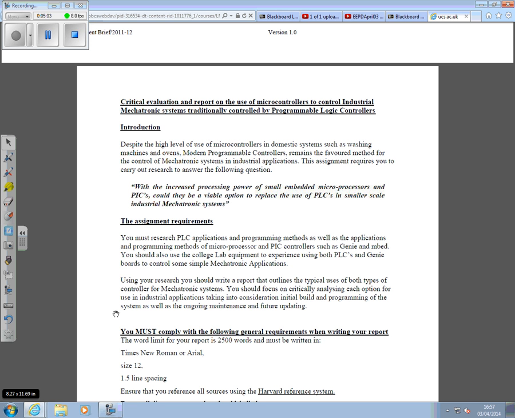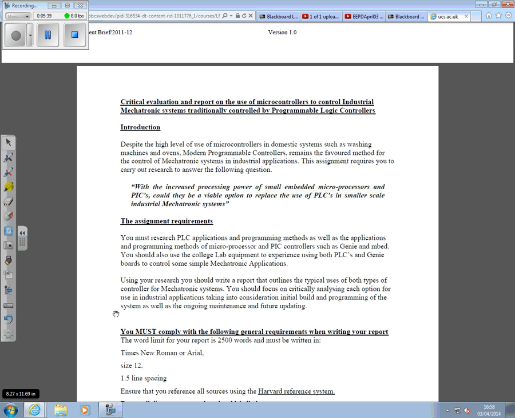Whereas turning a light on and off with one switch is one line of ladder logic in a PLC program, you've found out from your practical experience it's not quite as easy as that with the flow charts of the Genie. Okay? So I'm hoping that you can bring some of that basic practical experience of programming the Genies and the PLCs, when you used those on the foundation degree, into this assignment. Okay?